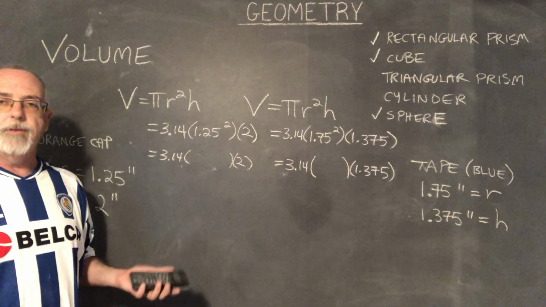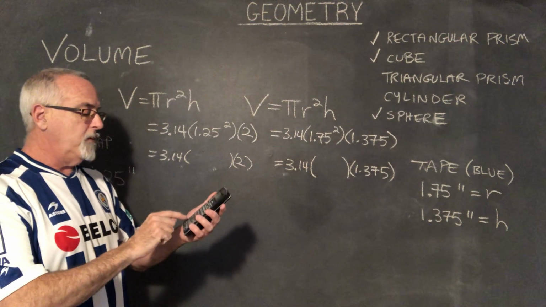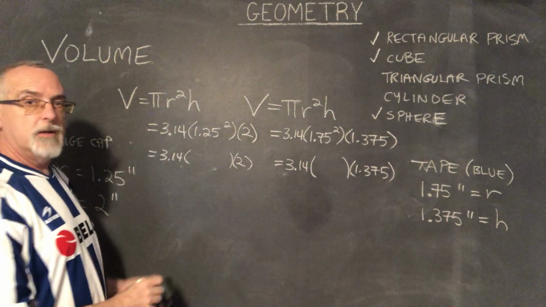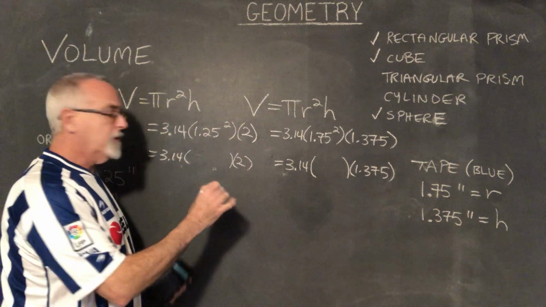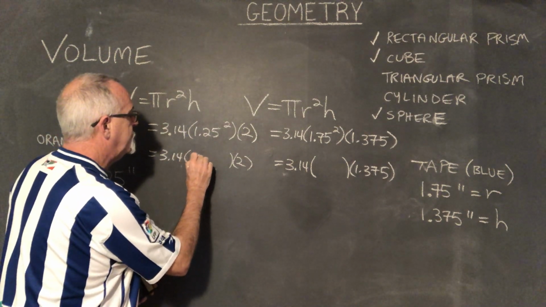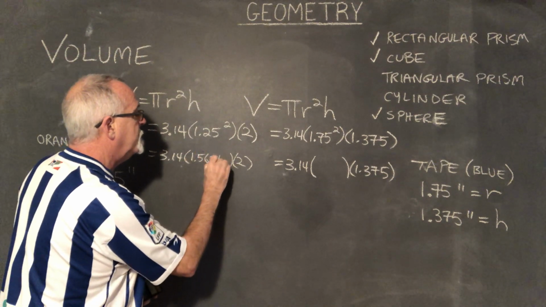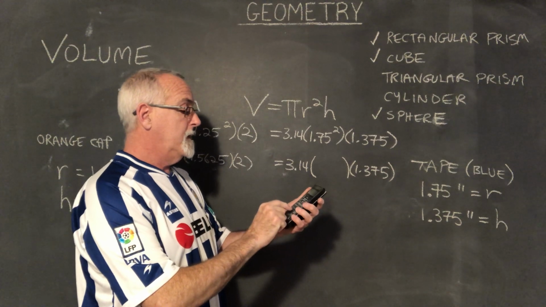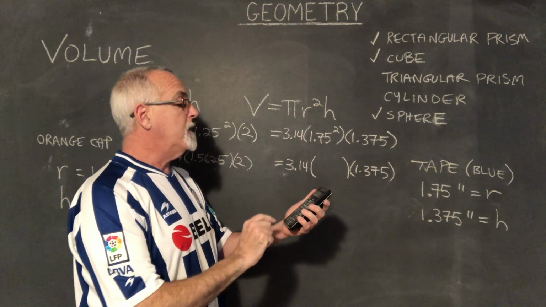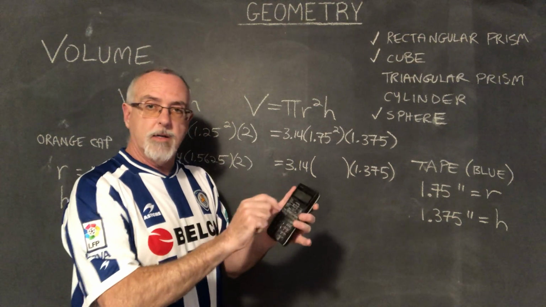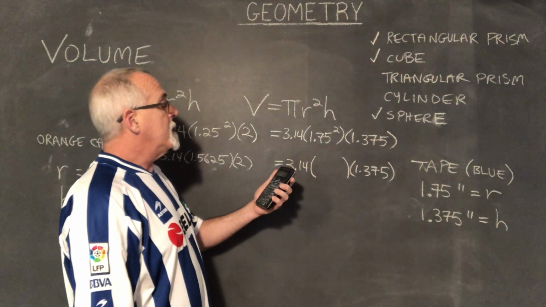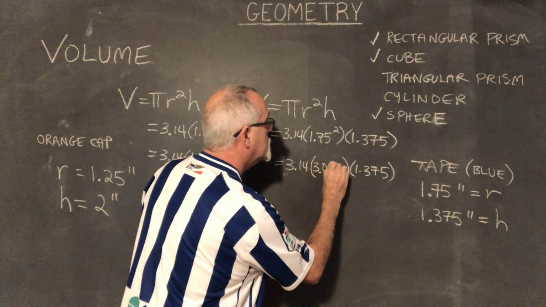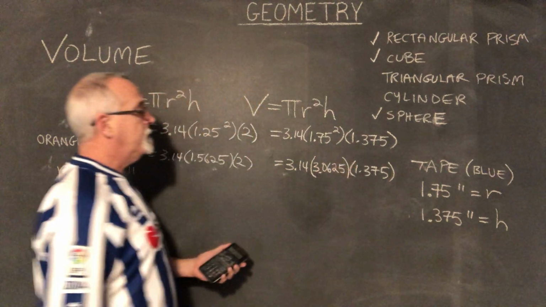So of course 1.25 squared is just 1.25 times 1.25. 1.5625, a bit long, but I'll keep the whole thing. I'm not going to round it yet. 1.5625. So I'm writing a little smaller. 1.75 squared. That's 1.75 times 1.75, or you use your x squared button if you have it. That's 3.0625. I managed to fit all of that.